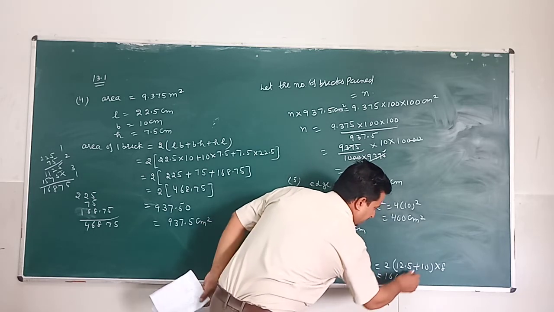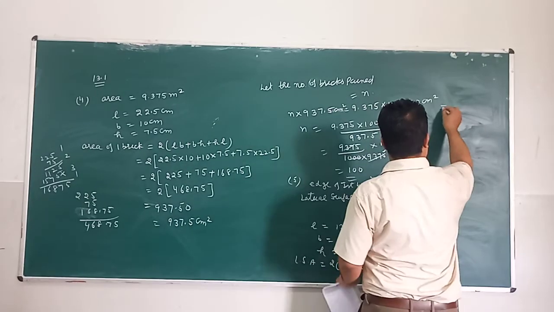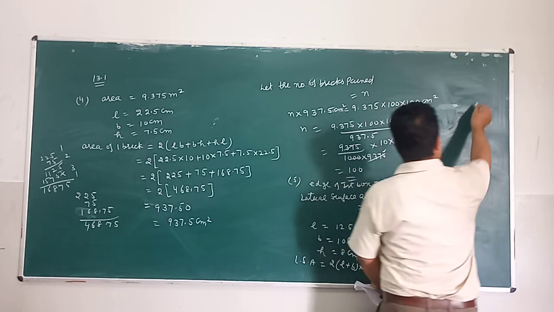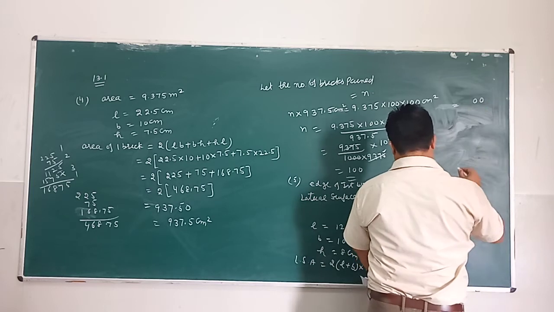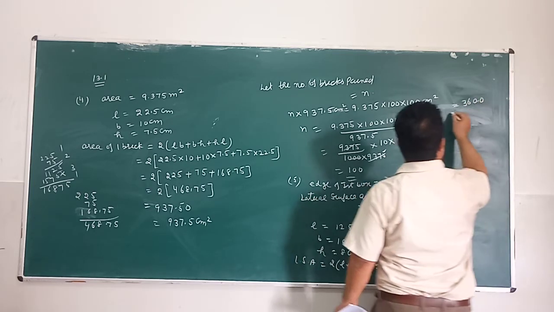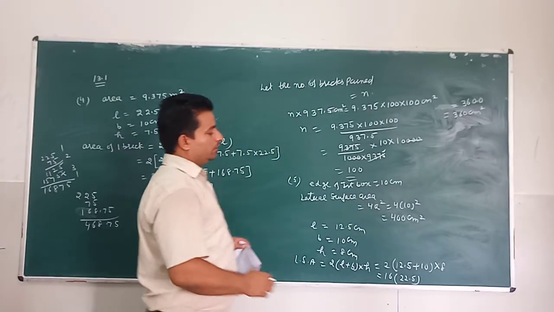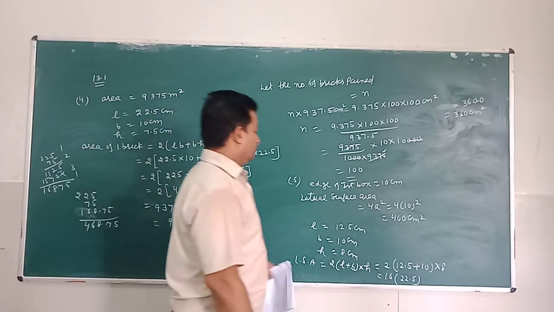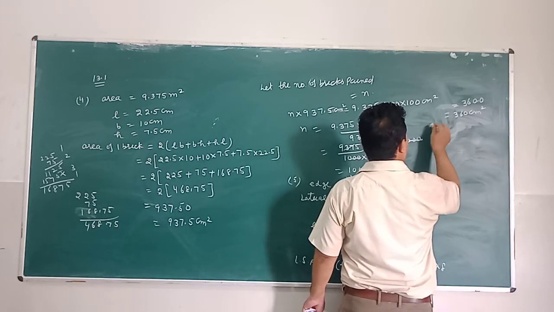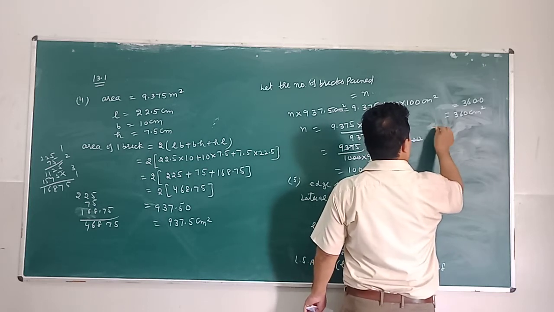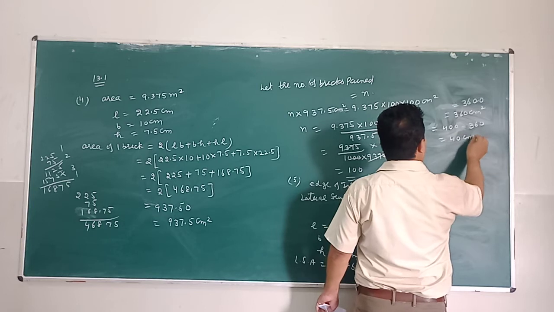This is 16 into 22.5, which equals 360 centimeter square, the lateral surface area of the second box. The first box's area is greater by 400 minus 360, which is 40 centimeter square.